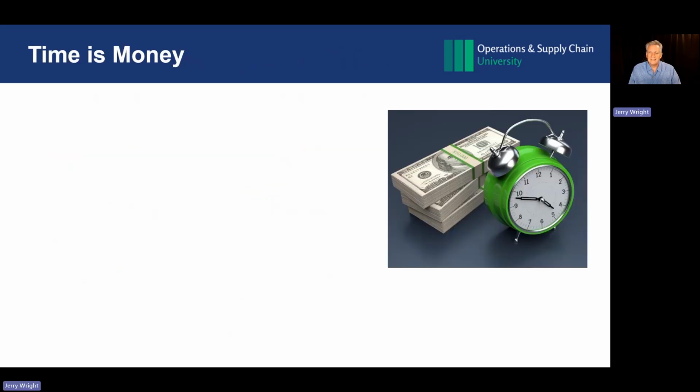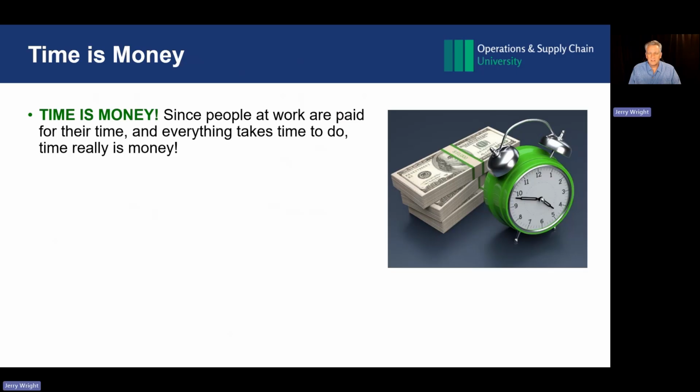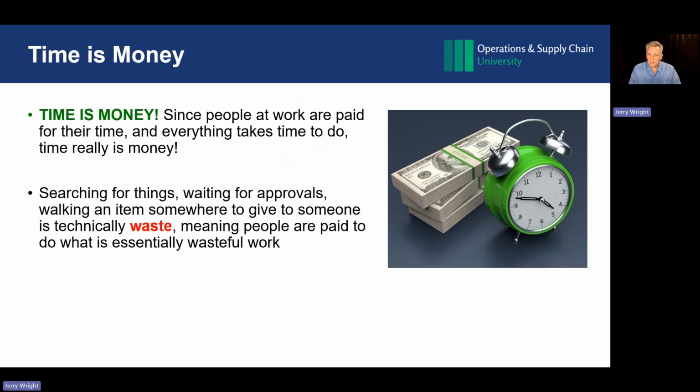Now, here's another thing. Time is money. Since people at work are paid for their time, everything takes time to do. Time is essentially, or really is, money. Now, searching for things, waiting for approvals, walking an item or a form somewhere to give to someone, technically it's waste.